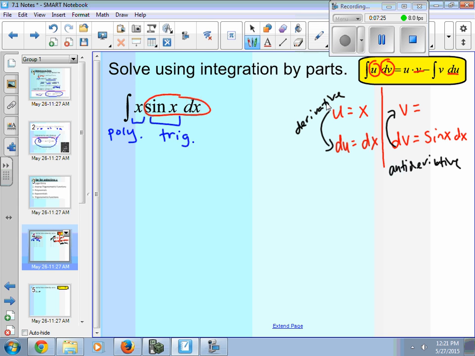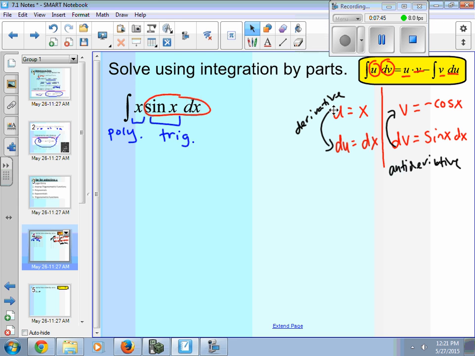Antiderivative of sine x, so we're thinking backwards now. What's the antiderivative of sine x? It would be negative cosine x, because the derivative of negative cosine x is sine x. Okay, so now we know all the things we need to fill in this right side here.